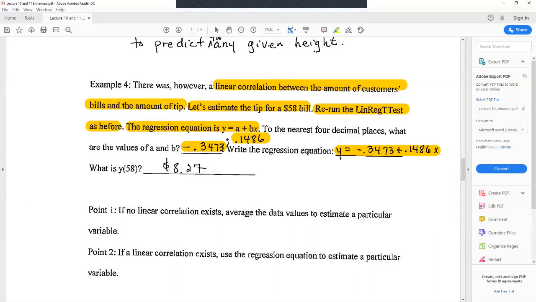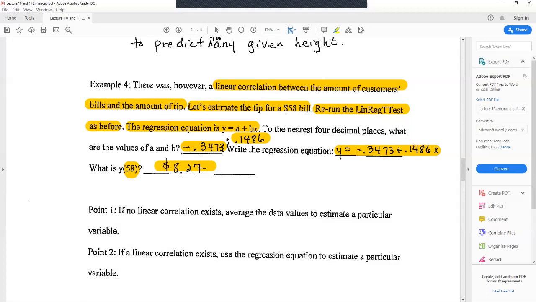Since we trust that model and we found that there is a linear correlation, if the bill is $58, then we can predict a tip amount of about $8.27. Now, how did we get the $8.27? The variable is the bill amount.